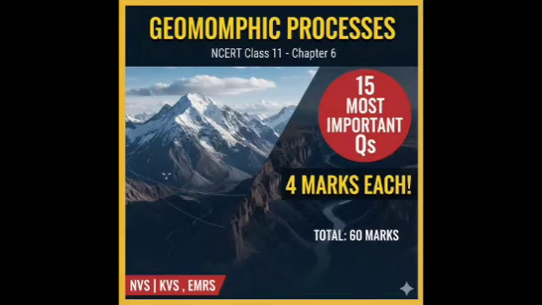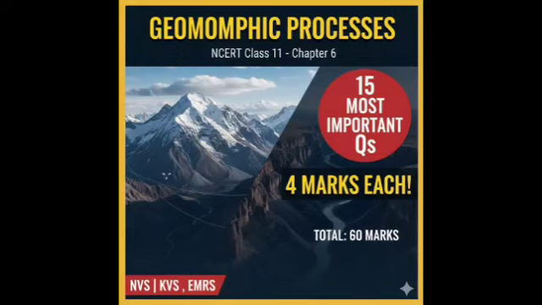On the other hand, shield volcano has low viscosity runny basalt lava. It is gentle and non-explosive. It has a broad base with gentle slopes like a shield. For example, Mauna Loa in Hawaii.